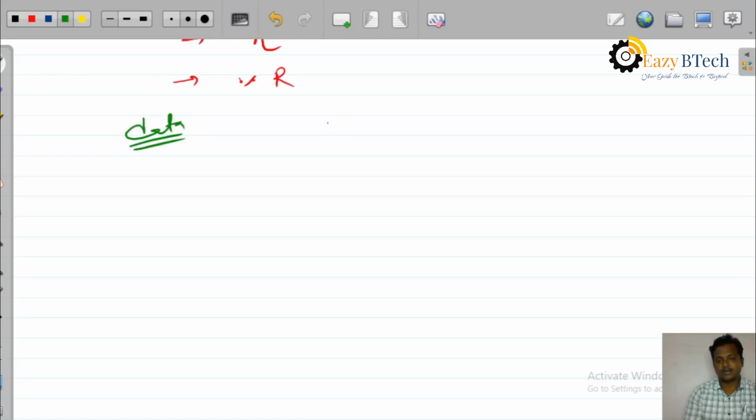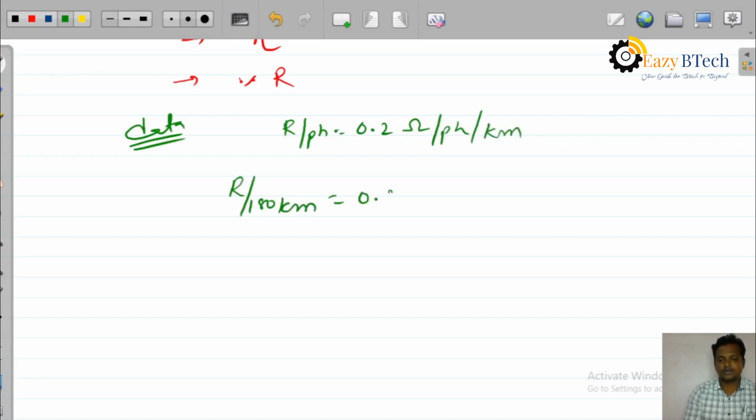The given resistance per phase is 0.2 ohm per kilometer. Therefore, 0.2 into 180 gives a resistance equal to 36 ohm.